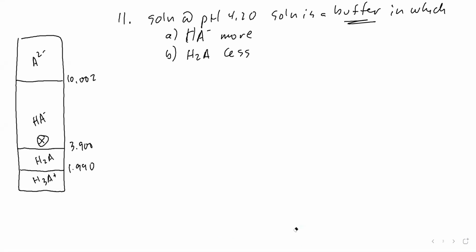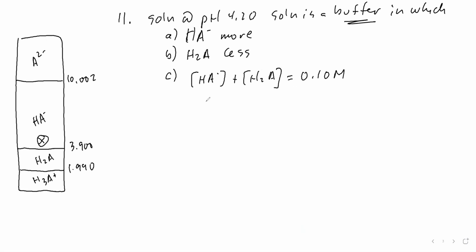And so because they're negligible, we're going to make a really great assumption and an approximation that those two concentrations for part C, HA minus added to H2A, make up nearly all of that 0.1 molar formal concentration.